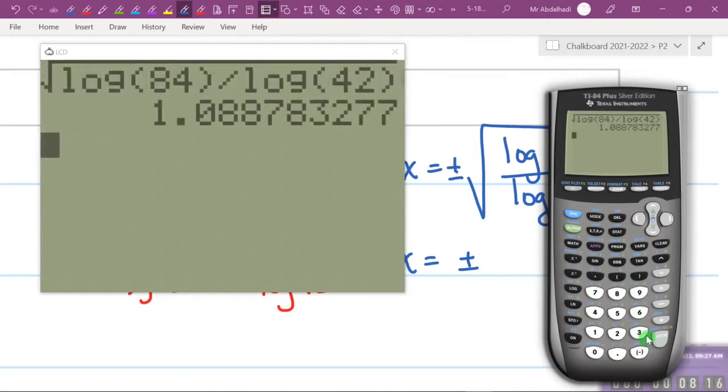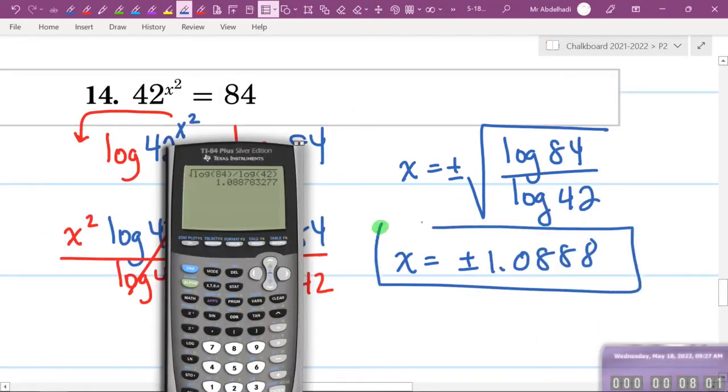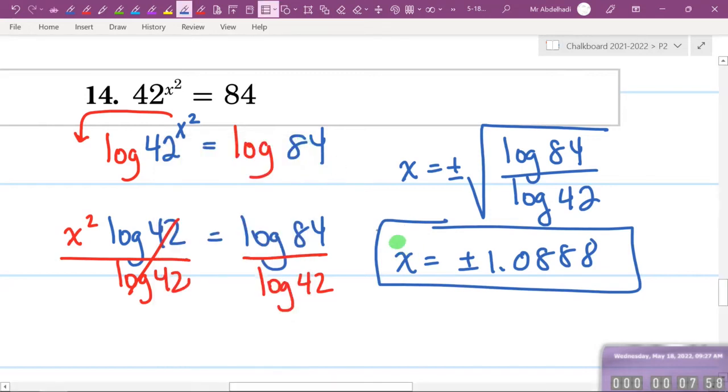Okay, and hit enter. I'm getting 1.08878, so 1.0888. And like I said, it's plus or minus. I'm not going to worry about plus or minuses on the quiz tomorrow, so don't worry so much if you forgot the plus or minus part.